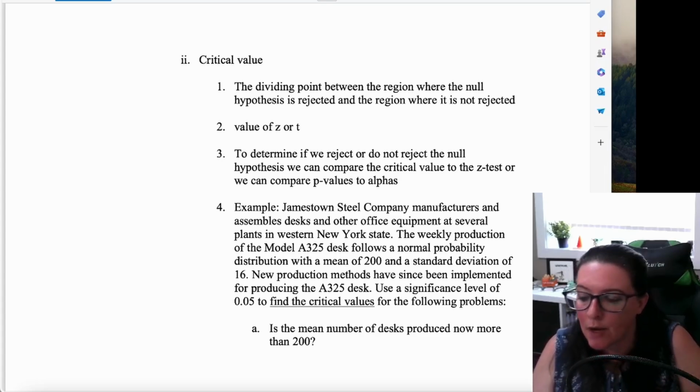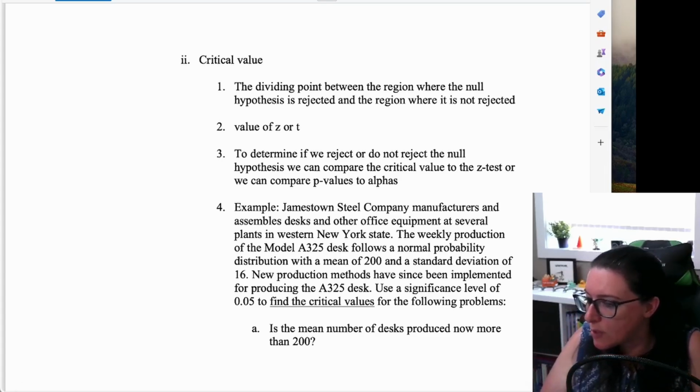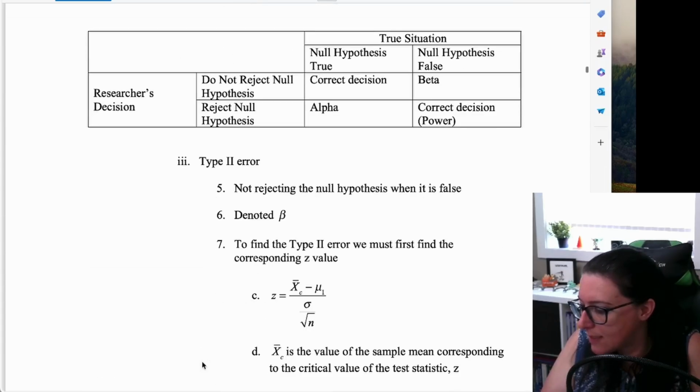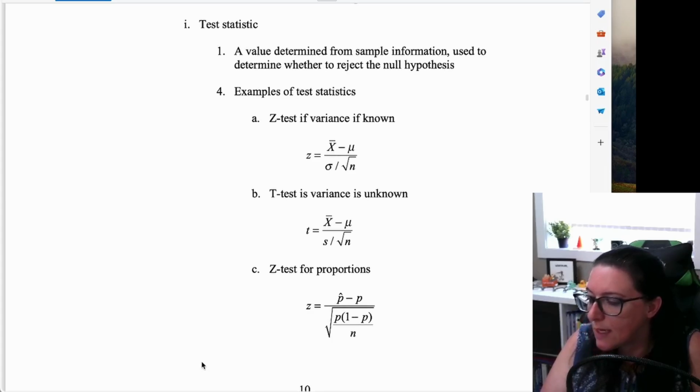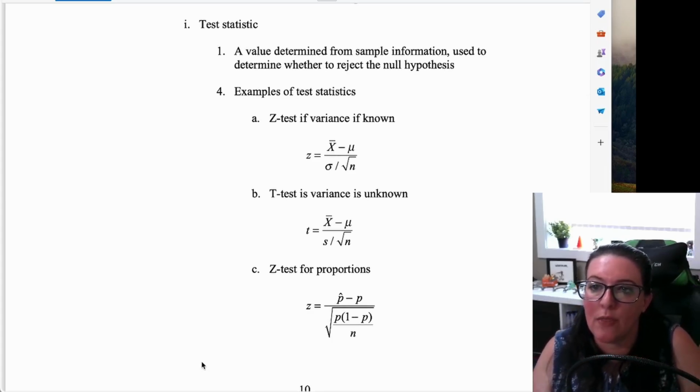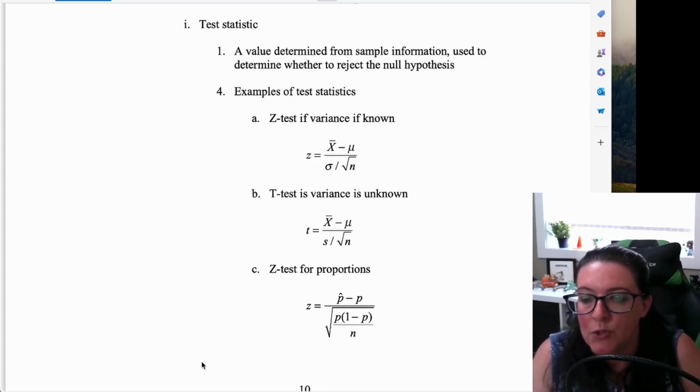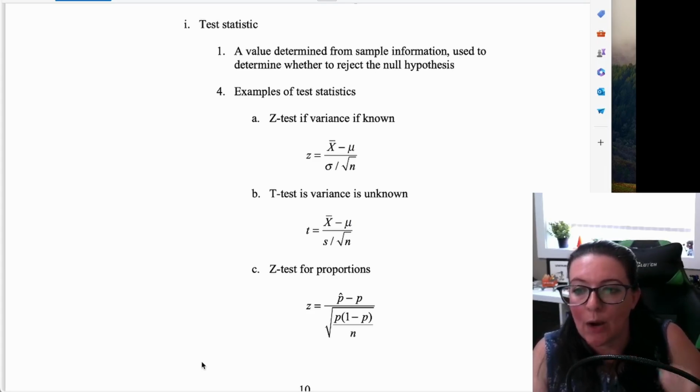We can then compare the critical value to what is called the test statistic. So the test statistic, I'll scroll back to this stuff in a minute. The test statistic is going to be the values that are based on the sample information. So for our test statistic, we're going to take the sample data and do a calculation.